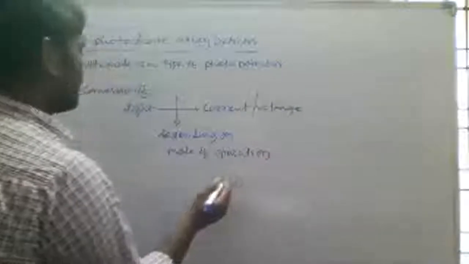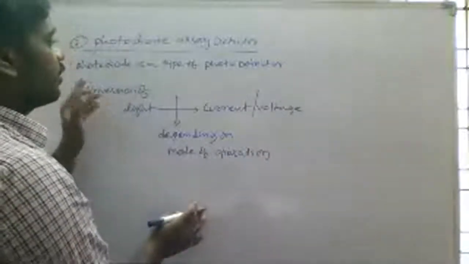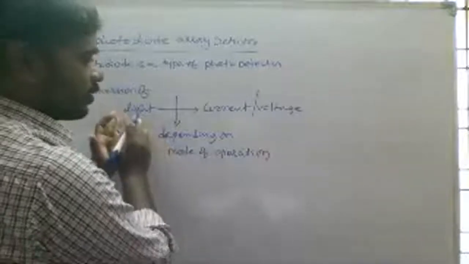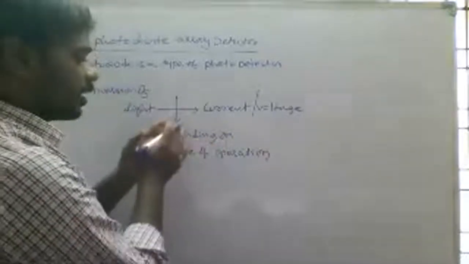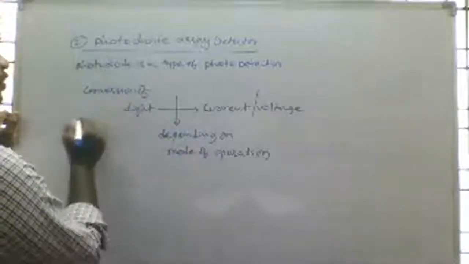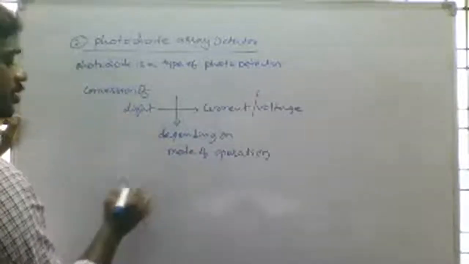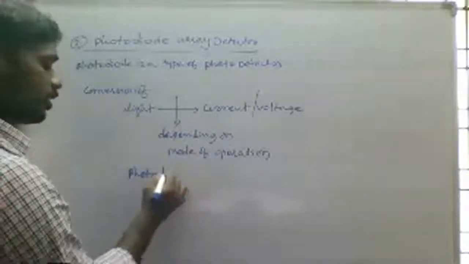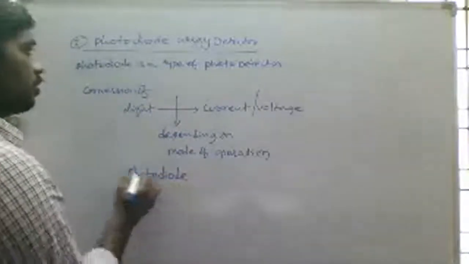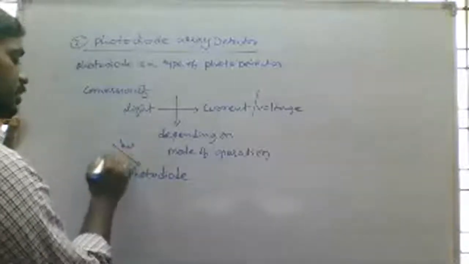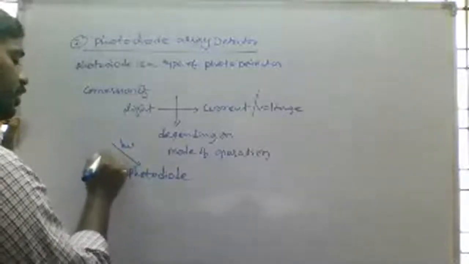When light falls on the photodiode, it mainly converts the light into current or voltage, depending on the mode of operation. We subject the photodiode to light, that is, light containing electromagnetic radiation.